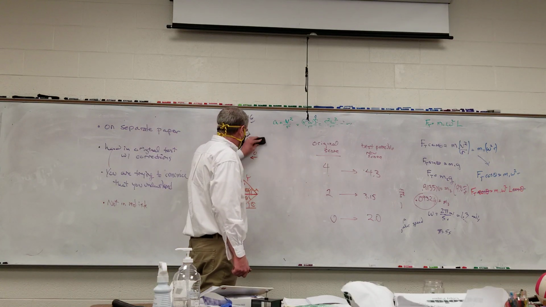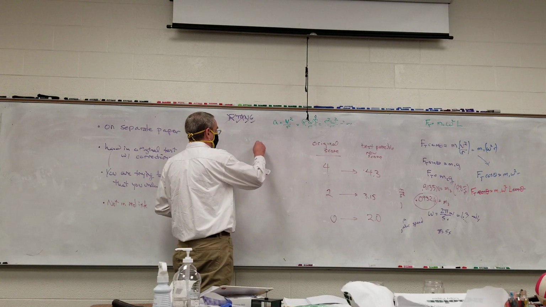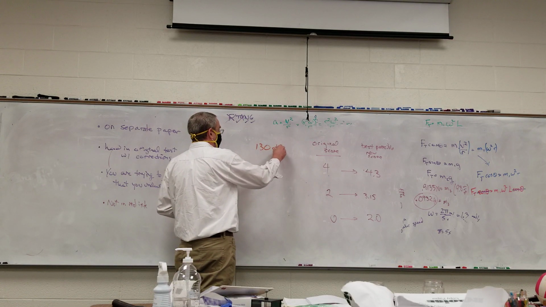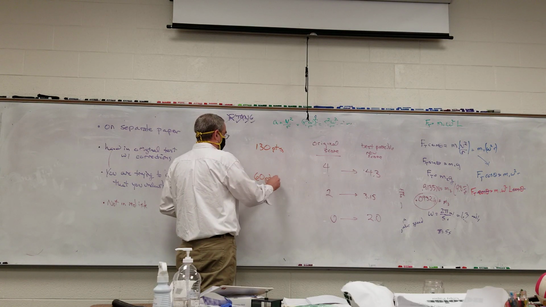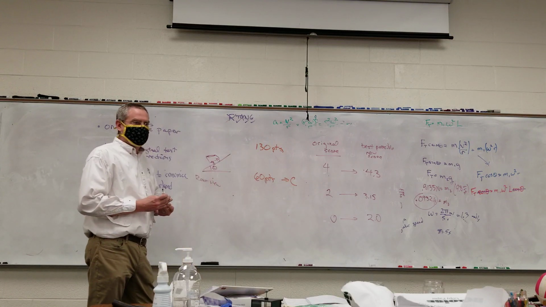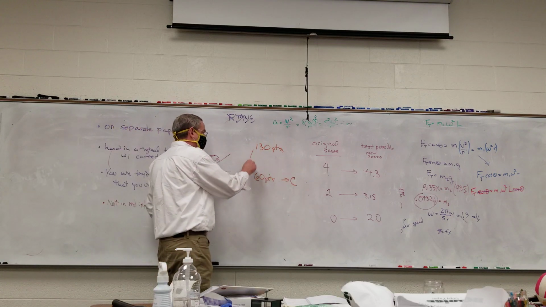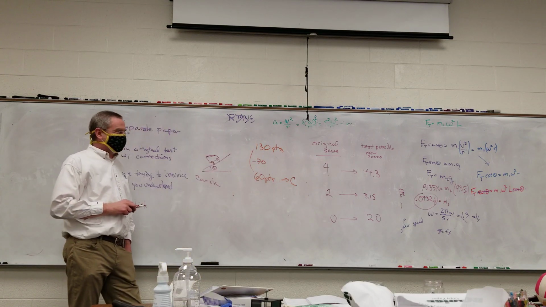For the sake of the example here, let's say that it was 130 points total on the test, and you had 60 points. And that was, because the math is easy, a C. That means you missed 70. So you get credit for those 70 points that you missed.